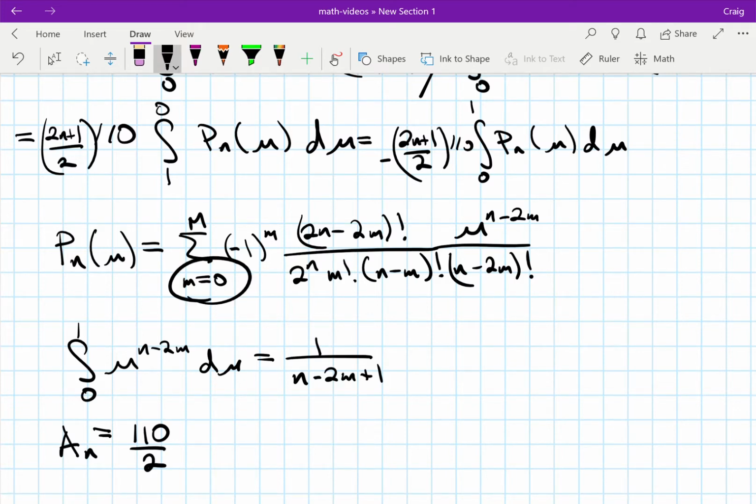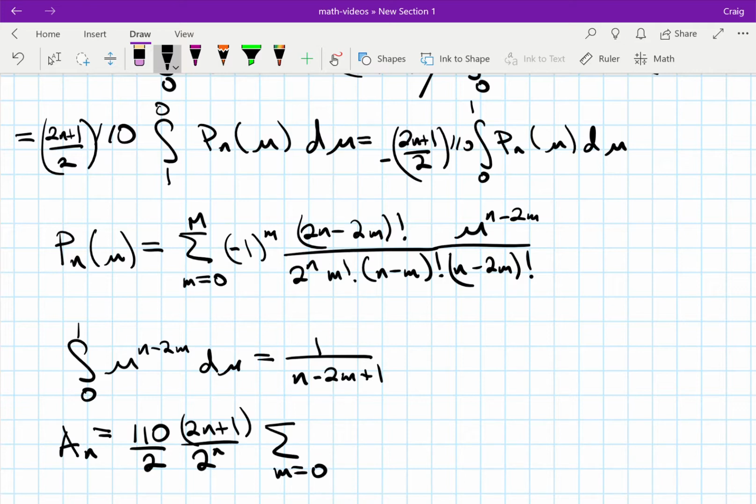My sum is over the index little m, and this term here is 2 to the n, so I can just bring that out. So I have a 2 to the n in the denominator over here. And what else can I do? I still have my original normalization factors of the 2n plus 1 over 2. Those are sitting over here, so I have my 2n plus 1, and then I had my 2 already.